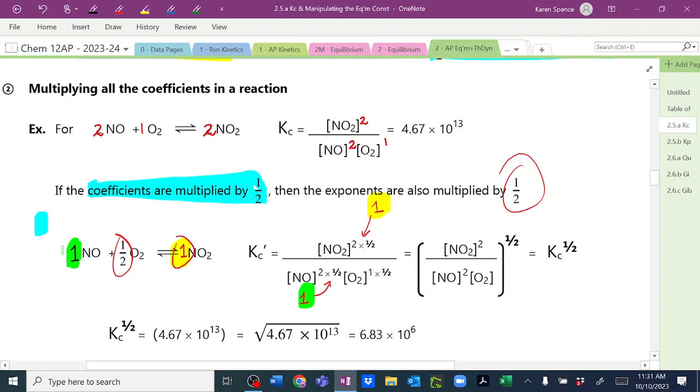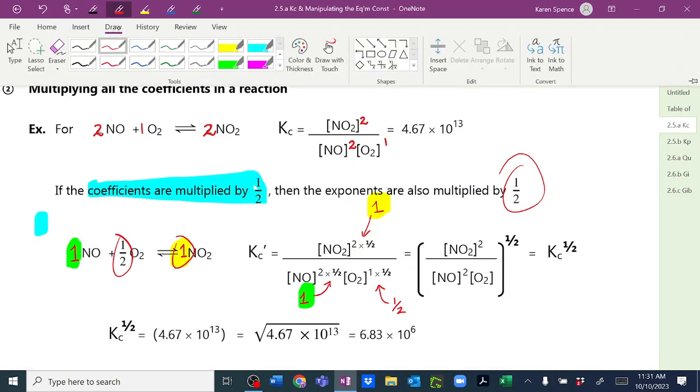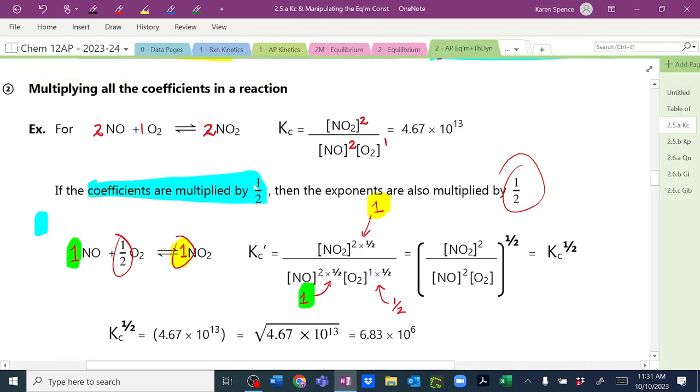And we have O2 to the 1 times 1/2, which is equal to 1/2. Yes, and guess what? We have a 1/2 here. So what it means is that the Kc, and in this case, again, we call it prime because we've done something to it.